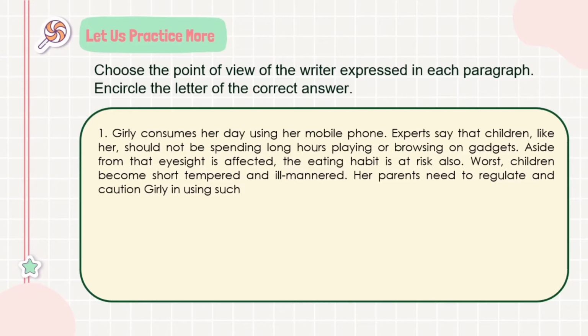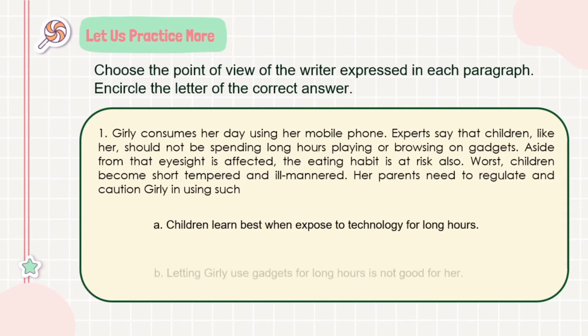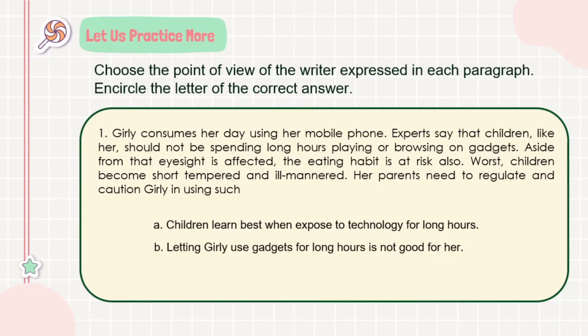So, is it A? Children learn best when exposed to technology for long hours. B. Letting Girlie use gadgets for long hours is not good for her. Letter C. Using gadgets for too long makes Girlie an intelligent child. So you're going to choose the writer's point of view.